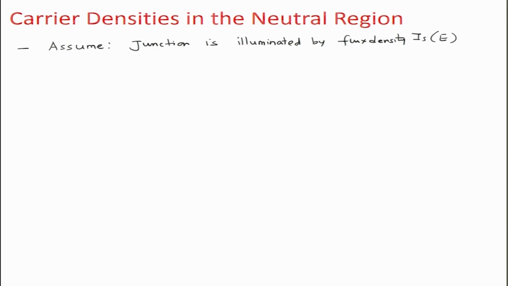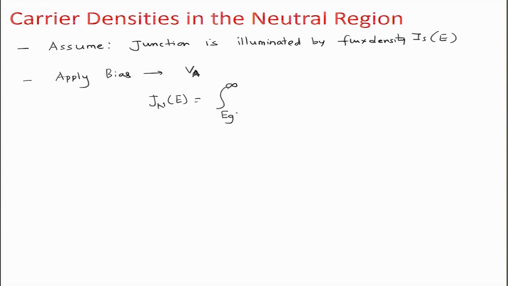All right. So, when you apply bias, let us say bias is VA, you will have an electron current and a hole current, and the electron current will be JNE. We know that absorption will occur only for radiation energies higher than the band gap energy.